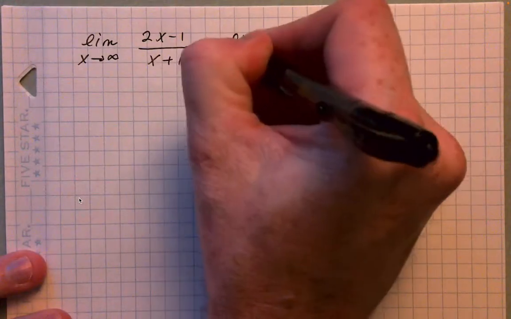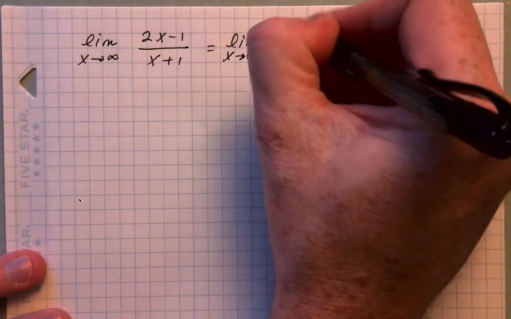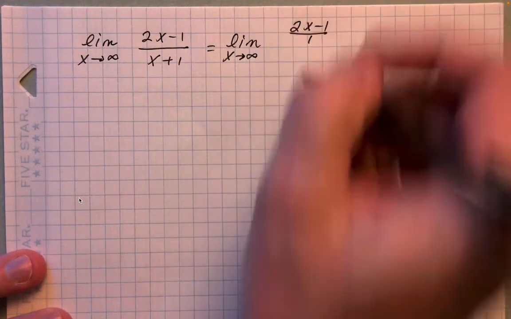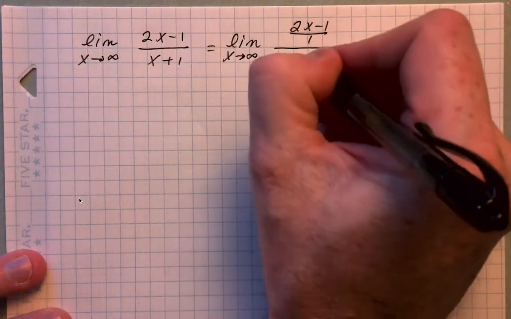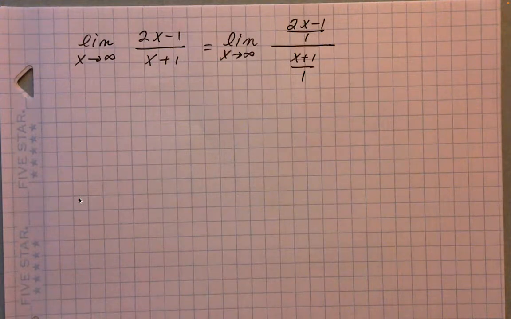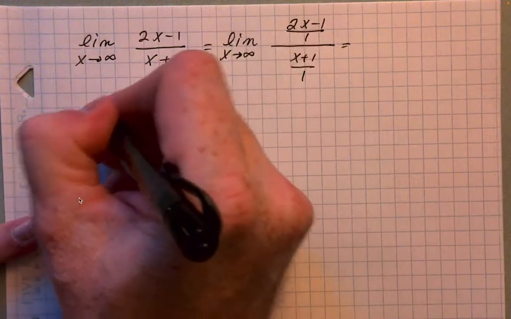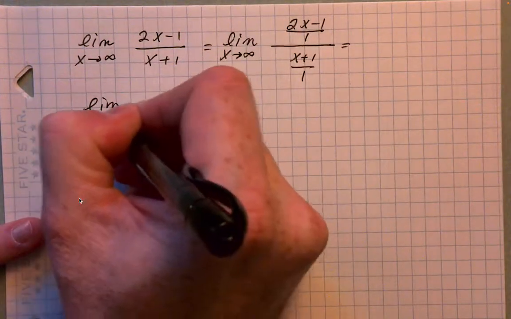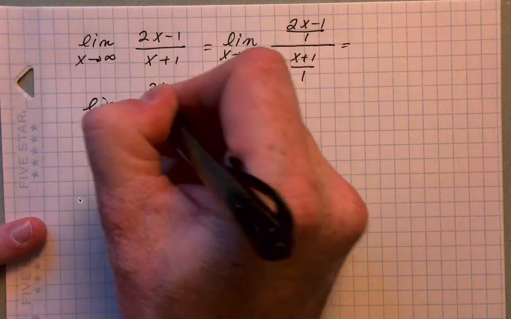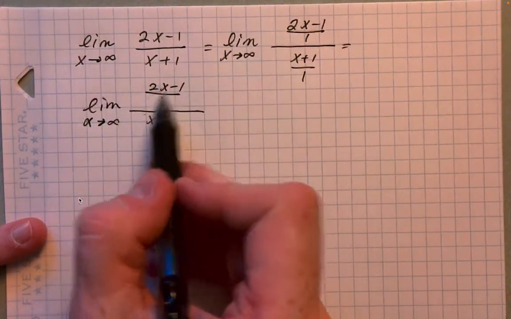So the limit as x goes to infinity of, right now up top you could write 2x minus 1 over 1, and in the bottom you can write x plus 1 over 1, right? Perfectly legitimate, although a little messy and a little bit out of context. It'd be like, why would you ever do this? But then we can say, well, okay, we've got this guy here that looks pretty ugly, but an idea might come to us to see if we can deal with this x.